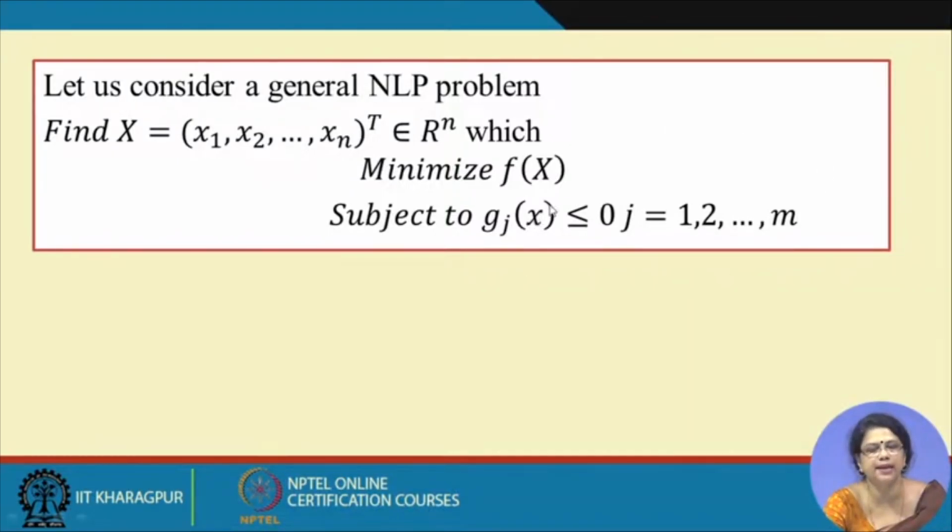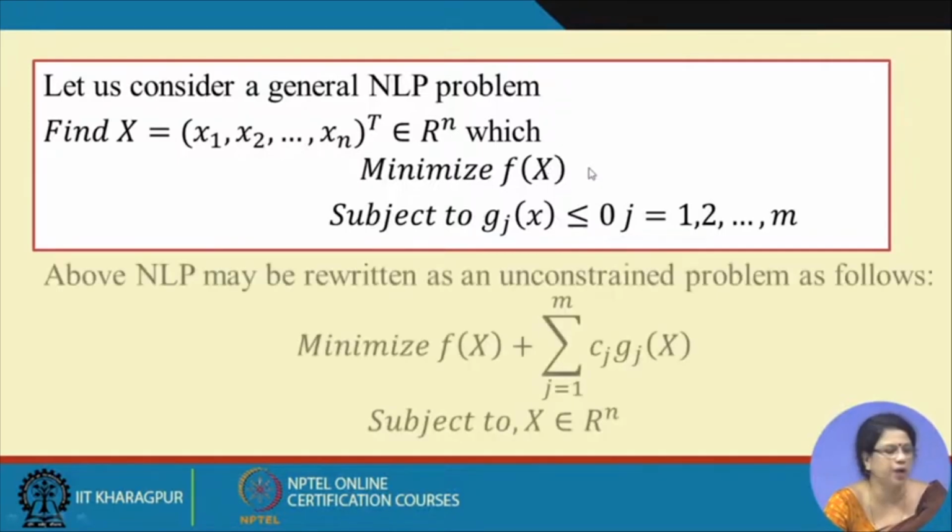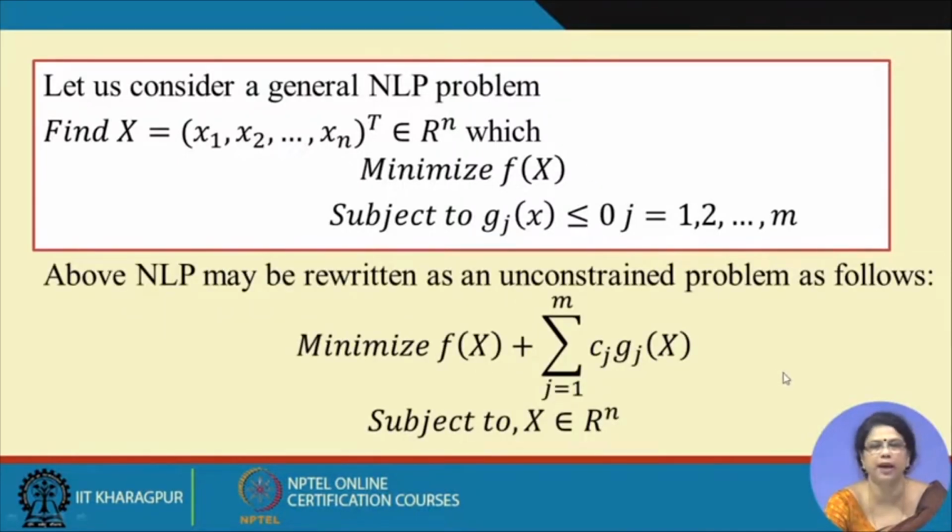The basic idea is that, just like our Lagrange method, we convert this constrained problem into an unconstrained problem like this: f(x) plus summation Cj Gj(x). Here Cj are positive constants. Now, this Gj(x) we consider in this way once we are using the Lagrange method.